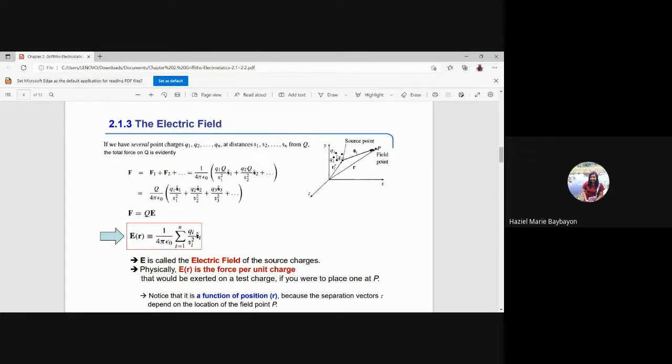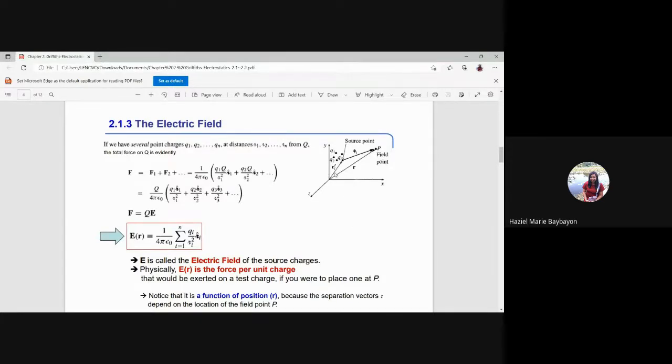Now, by virtue of the superposition principle for electric field, you can also first get the individual electric fields due to the individual charges. So for example, electric field E sub 1 due to Q1 is equal to 1 over 4 pi epsilon naught Q1 over R sub 1 squared, R sub 1 hat.